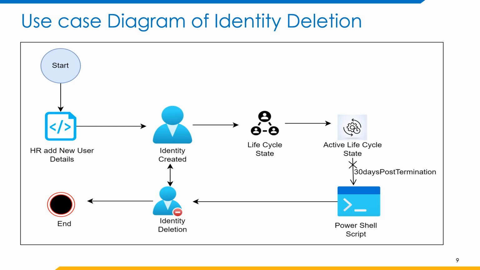We may schedule the PowerShell script to retrieve all these identities in the 30 days post termination lifecycle state from SailPoint and delete those identities based on the client requirement. Let us understand how the script will delete those identities via PowerShell script and how APIs are used in the script in the next upcoming slides.